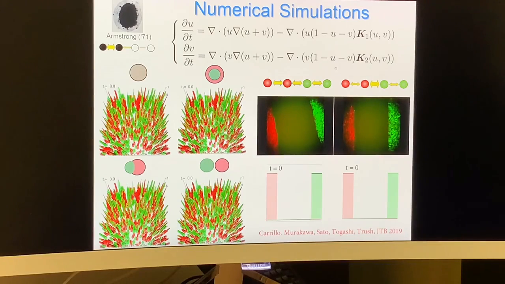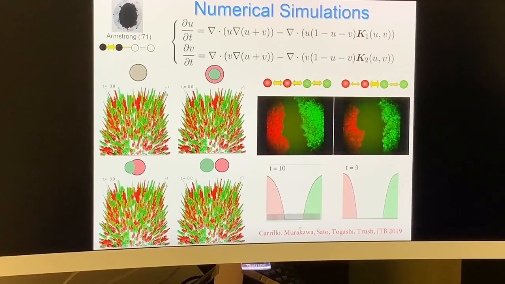This leads to different behavior when the cells meet, because of the different proteins that they produce and the different adhesion forces that they exert onto each other. Here you have an experiment done in the lab with these different cells, which have these different cell adhesion forces, and here you have our model based on those partial differential equations.